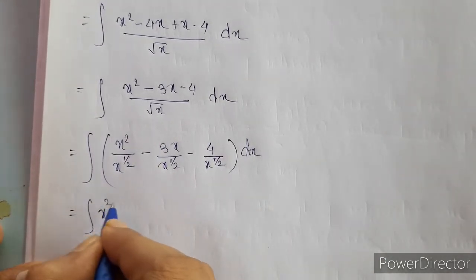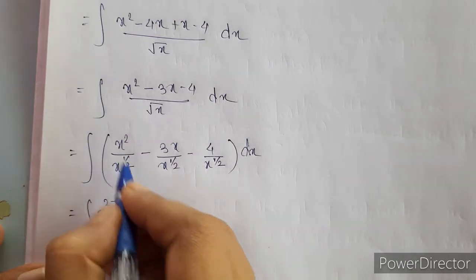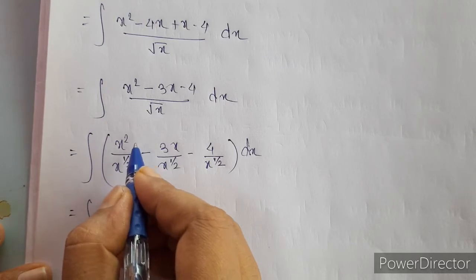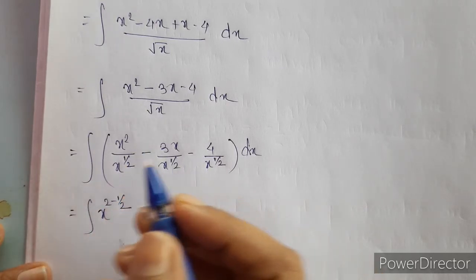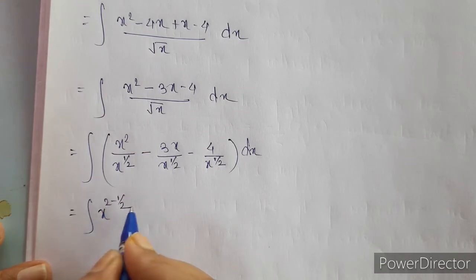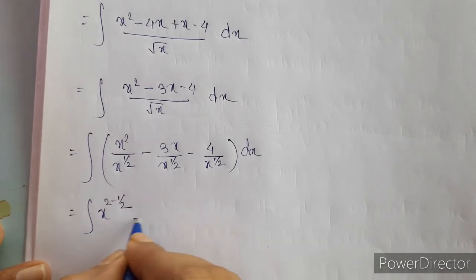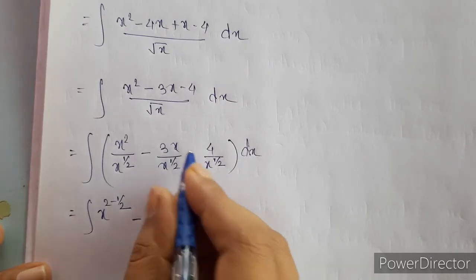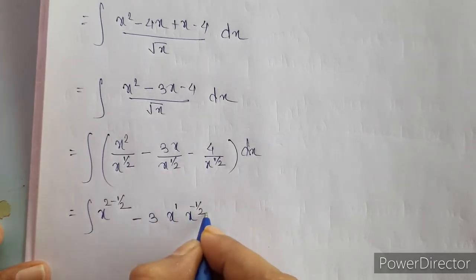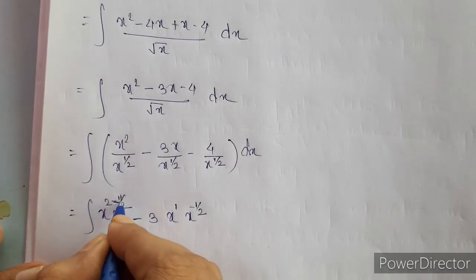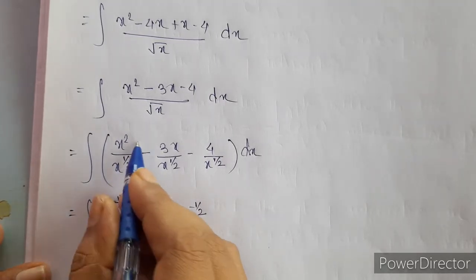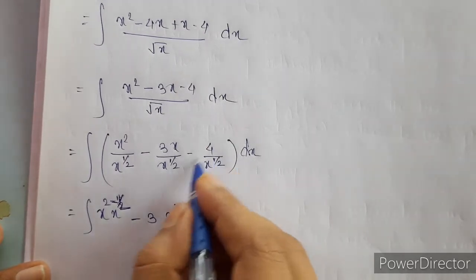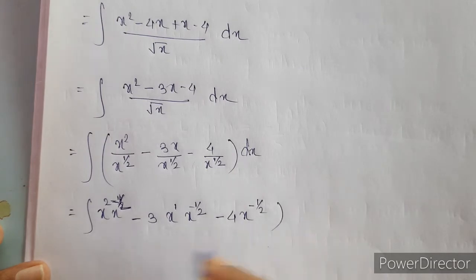Further we can write this as x square, and this will go up, so it will be x raised to power minus half. So we can write this as 2 minus half. Minus 3 is a constant, this is 1, and if I am taking this up, it is minus half. If I am taking this up, it becomes x raised to power minus half. Minus 4, again I am taking this up, so it will be minus half with respect to x.